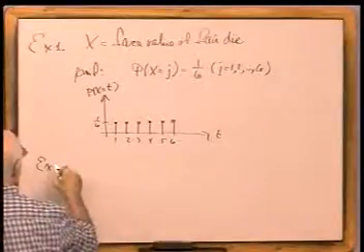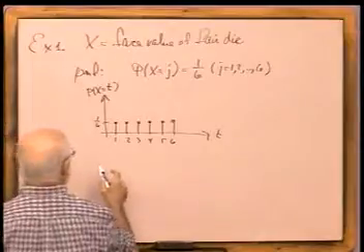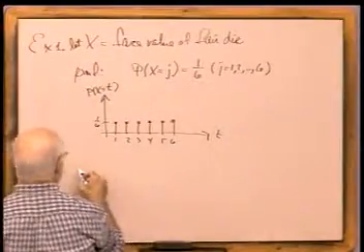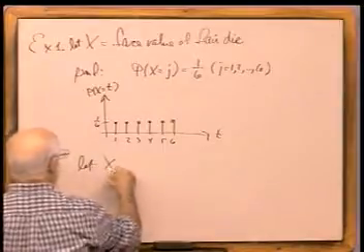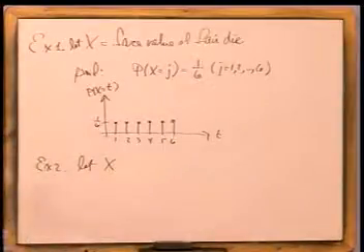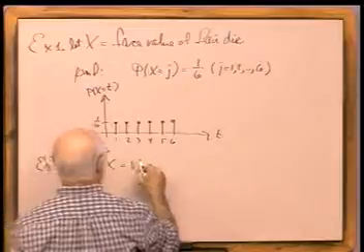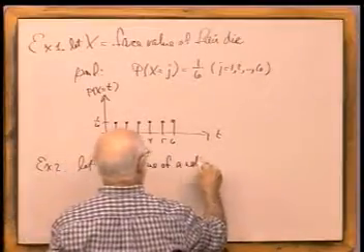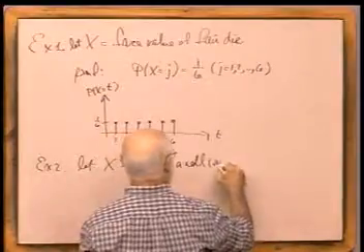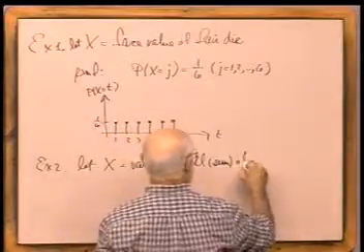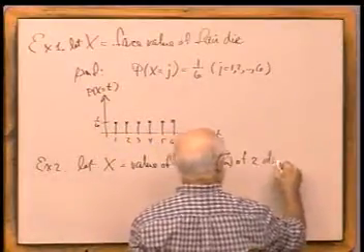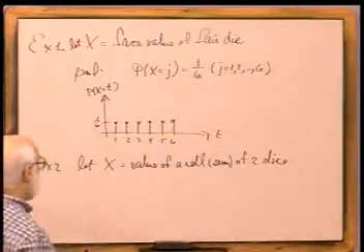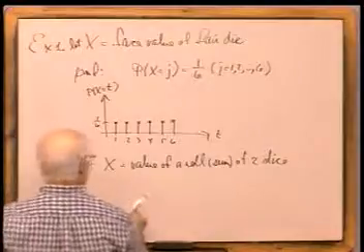Here's another example, example 2. Now, I'm defining this. I'm going to take my random variable, and I'm going to let it equal the value of a roll, which is the sum of 2 dice. So now I can write down what the probabilities are. So what can we get?